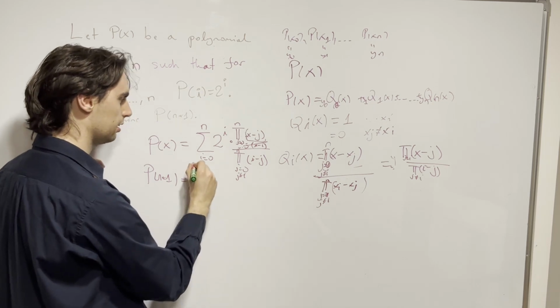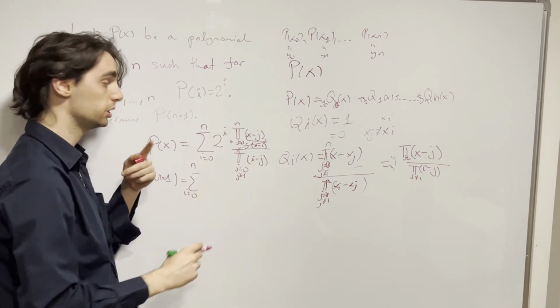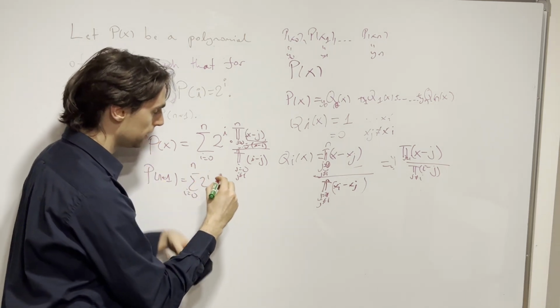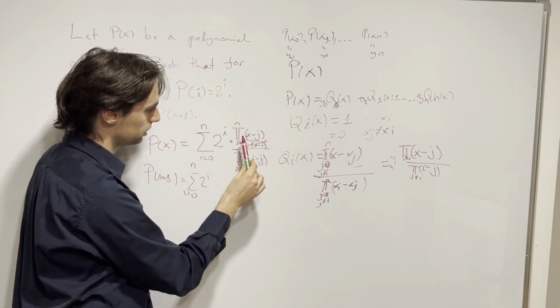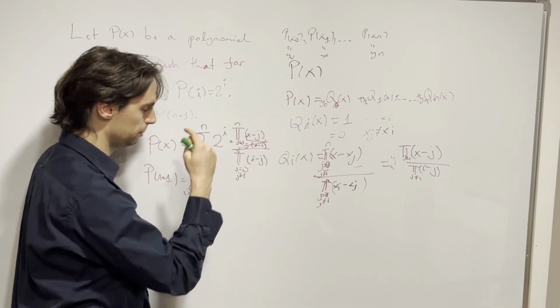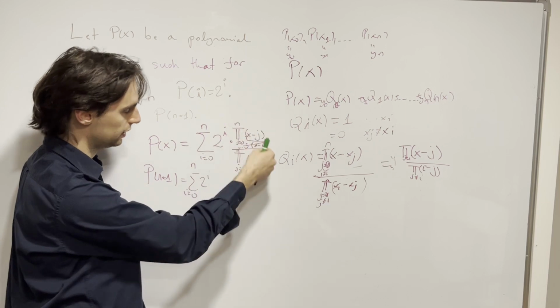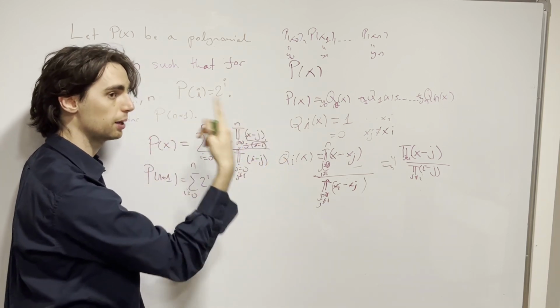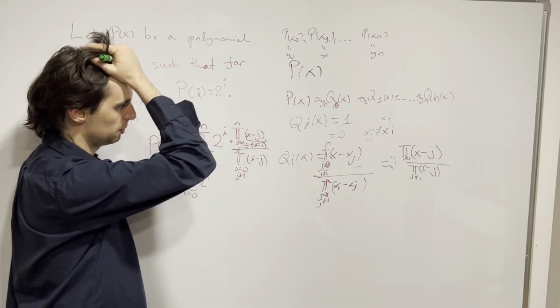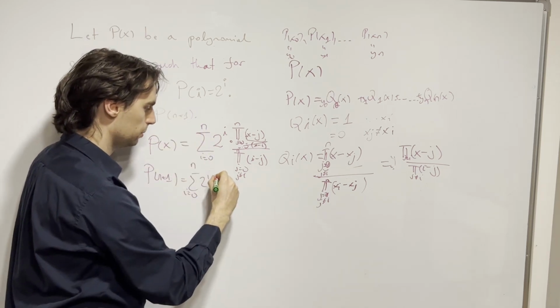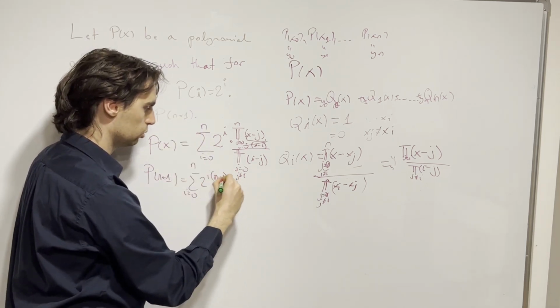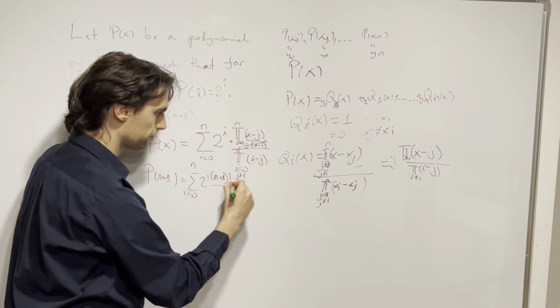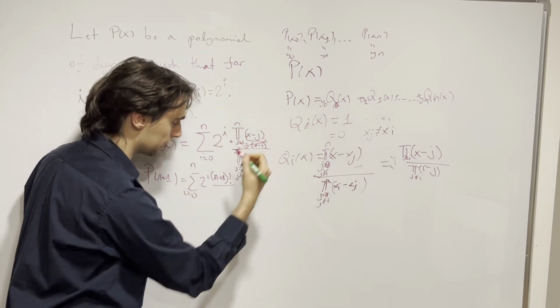It's going to be the sum till n for i equal to 0, 2 to the i. This product is going to be n plus 1 minus 0, n plus 1 minus 1, n plus 1 minus 2, all the way till n plus 1 minus n. So it's going to be n plus 1 factorial over this x minus i.